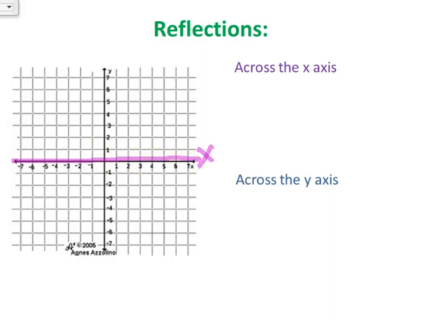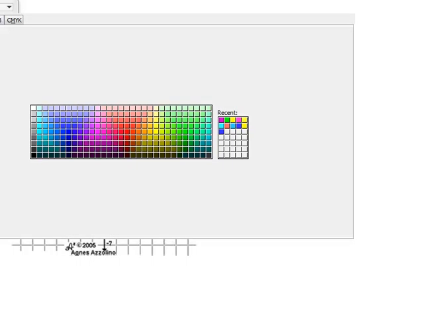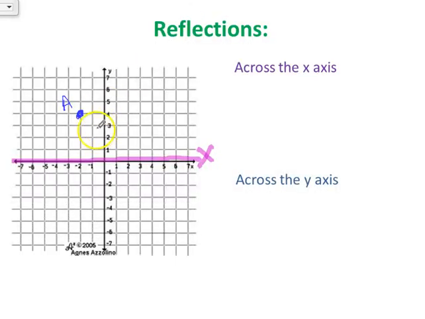I briefly explained this when we started the recording, that if we have a point, we'll call this point A, and we want to reflect it over the x-axis, it has to be the same distance away from the x-axis on the other side. So here, we are 1, 2, 3, 4 units away from the x-axis. So on the other side, we would need to be 1, 2, 3, 4 units away from the x-axis.